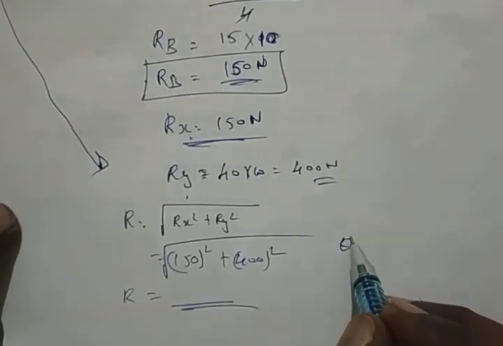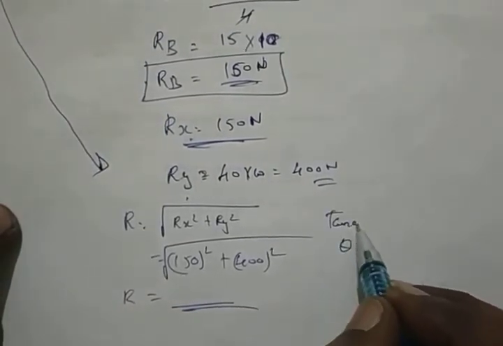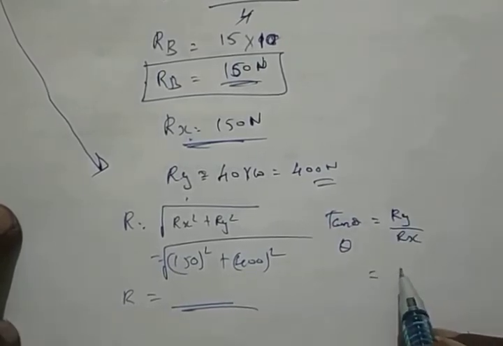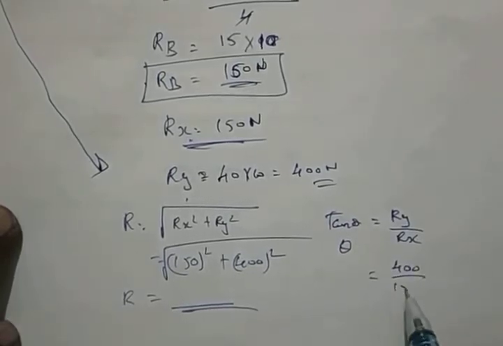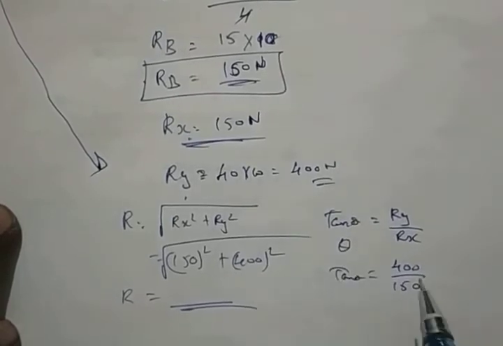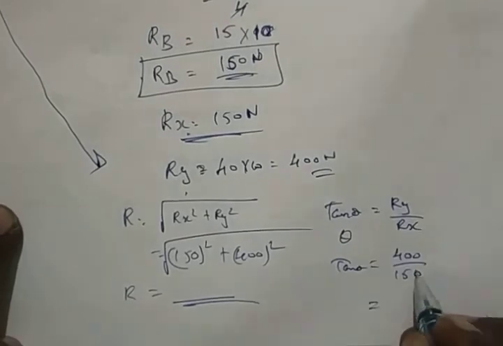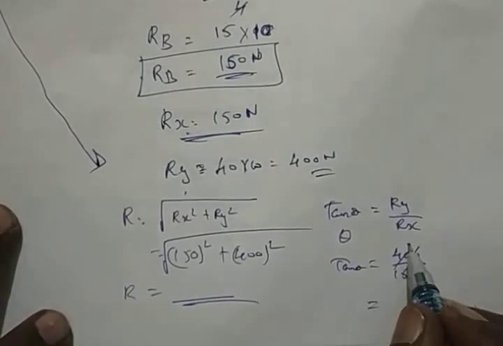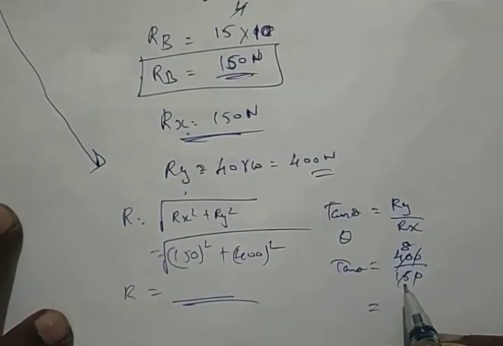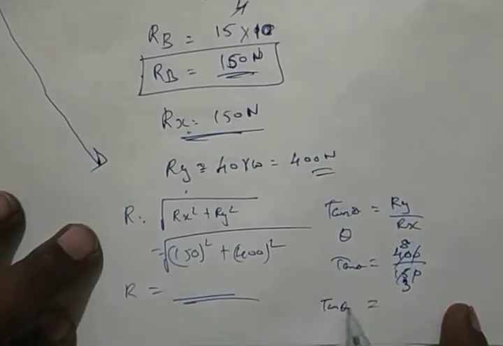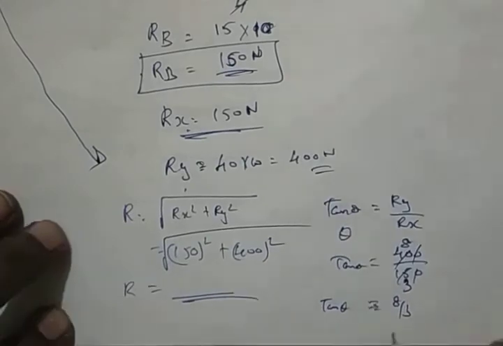Theta also you can find out. Tan theta is going to be equal to Ry upon Rx, so it's going to be 400 upon 150. It becomes 8 by 3. Tan theta is equal to 8 by 3, and the inverse will be there.